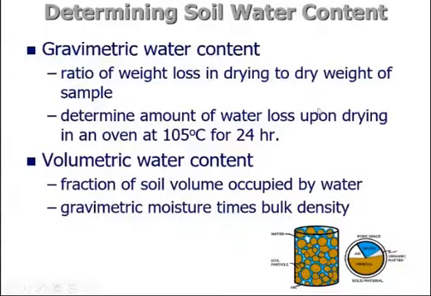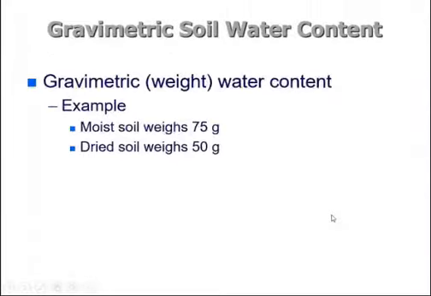After that, you use the equation: you subtract the dry soil from the moist soil, divided by the dry soil, and that gives you the gravimetric moisture content. The volumetric moisture content, again, tells you how much water occupies the pore spaces of the soil, and it can be measured by multiplying the gravimetric moisture content times the bulk density.